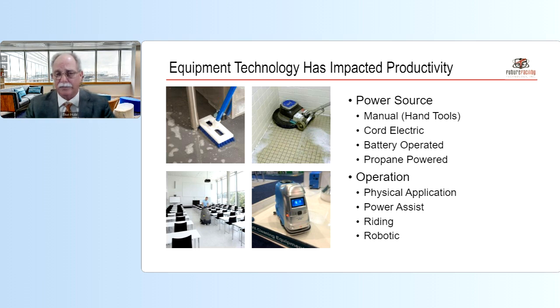Riding vacuum cleaners are way more proficient than a 12-inch or a 14-inch cord electric vacuum. And nowadays we're looking at robotics, and it's come a long way since they first came out. Every year when I look at robotics, they're just getting better and better. But before you purchase an extremely expensive robotic machine, make sure that you get the usage you need out of it.